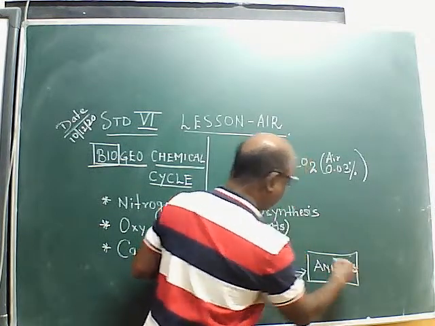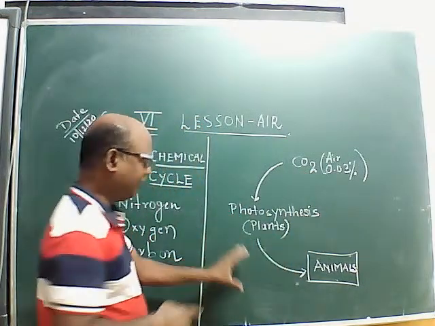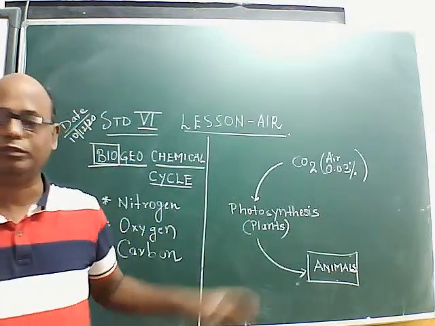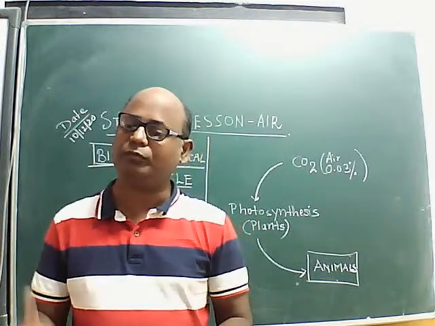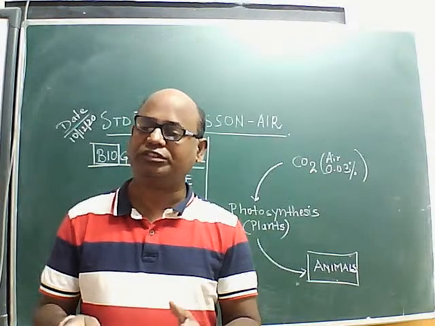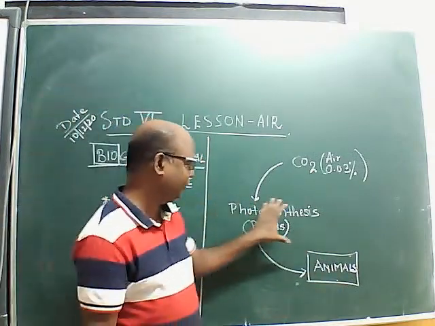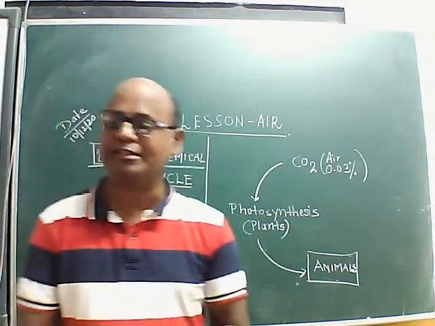So these carbon compounds go to the plants and then to the animals. Herbivores depend directly on plants for food. Carnivores eat herbivores, so carbon compounds from herbivores go into carnivores. And omnivores eat plants as well as animals, so they get carbon directly from plants as well as from other small herbivorous animals.